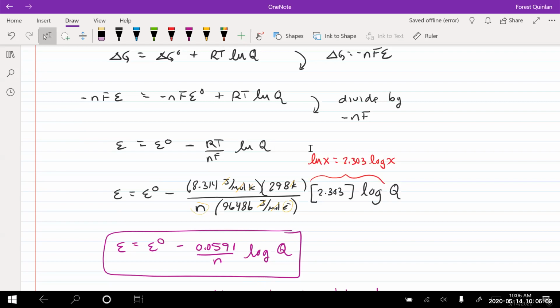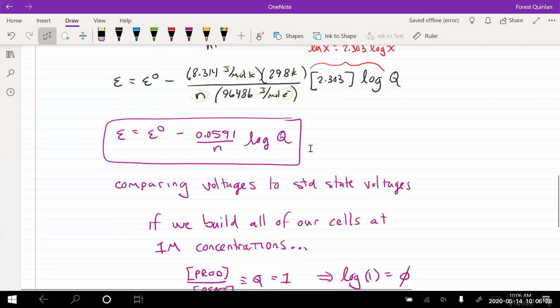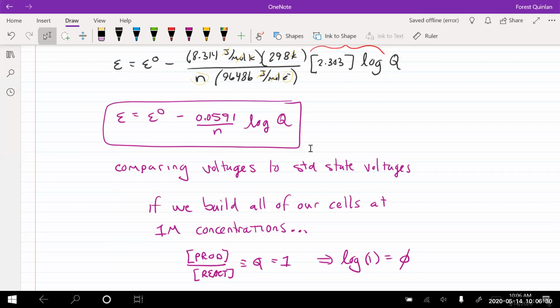Now, having done that, and really all it is is just math, converting some stuff and lumping everything down into a nice little constant, we end up getting this relationship, but by keeping everything at 1 molar. So regardless of which side you're on, you have one molar worth of your stuff on the product and reactant side.